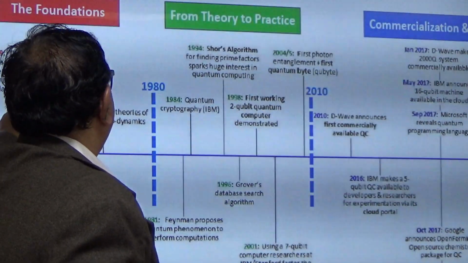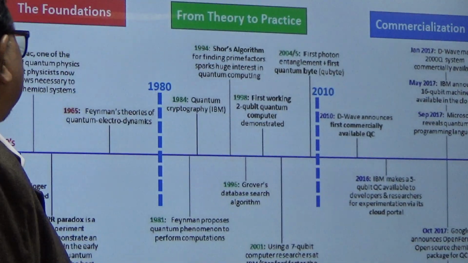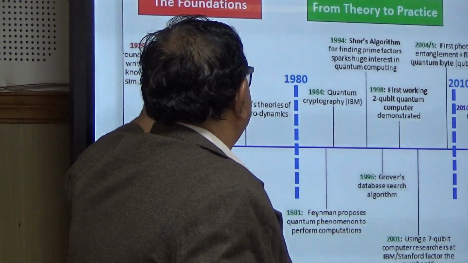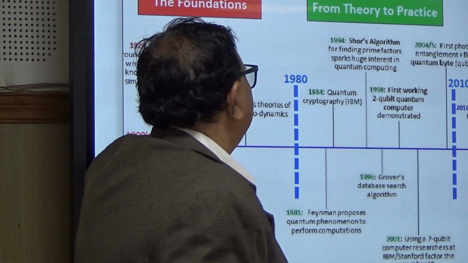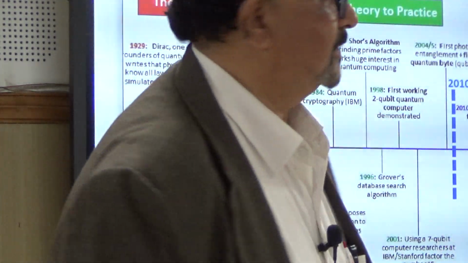1929 was the year when Dirac came in the picture. And Dirac was basically, you can say, the founder of quantum mechanics. And he gave the quantum nature, and he defined how it can be defined.